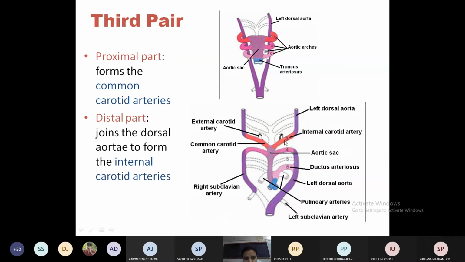The proximal part of the third aortic arch forms the common carotid artery.